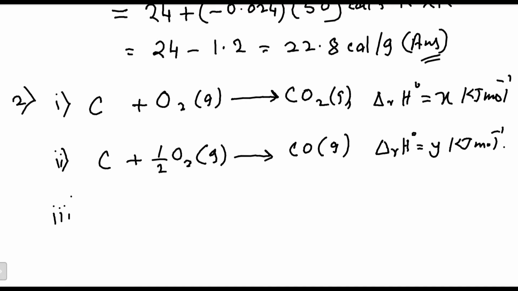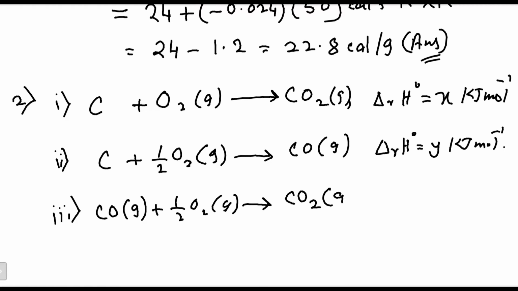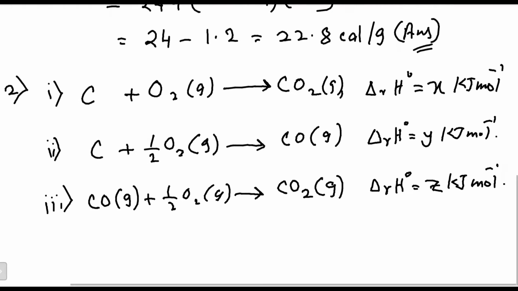Number 3: CO plus half O2 gives CO2, also in gaseous state, and for this the enthalpy of reaction is Z kilojoule per mole. So this is what has been provided.